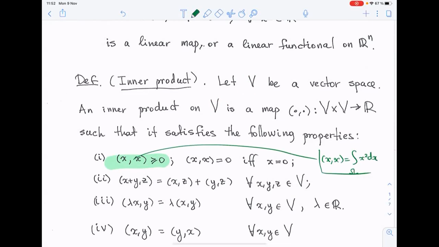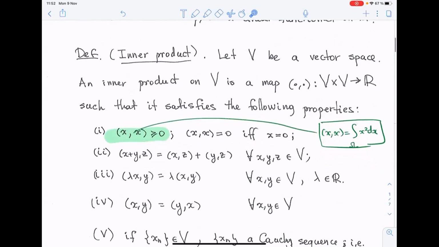So this is in L2, L2 is one of the examples. So the way that we do integration in finite elements, there are going to be a lot of these kinds of operations. So they are actually inner products, and we have to define this inner product in these vector spaces.